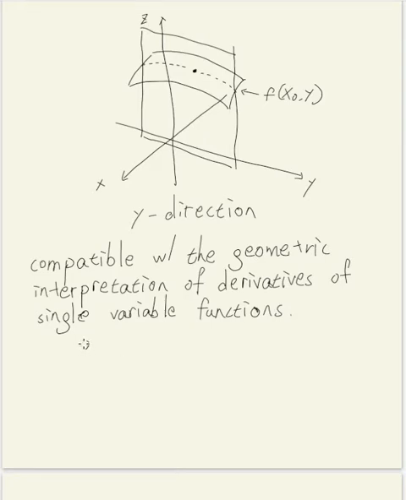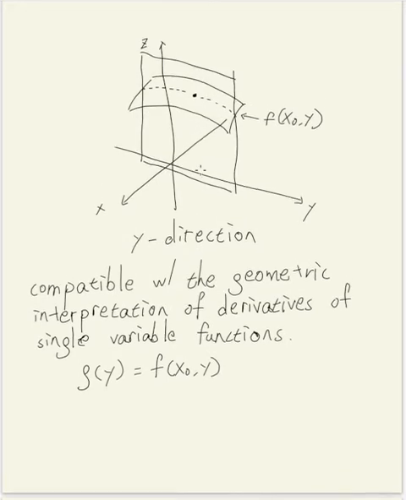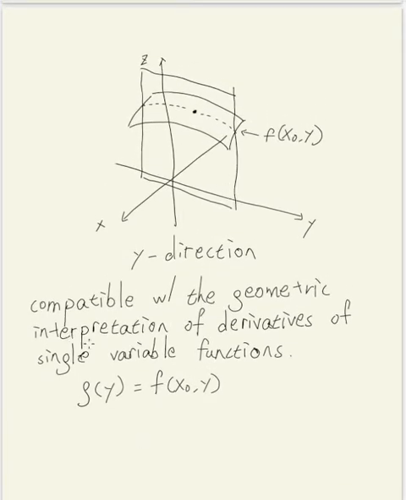suppose you define a function g of y equals f of x naught and y, where x naught is the fixed number, as we said before, the x-coordinate of this fixed point.